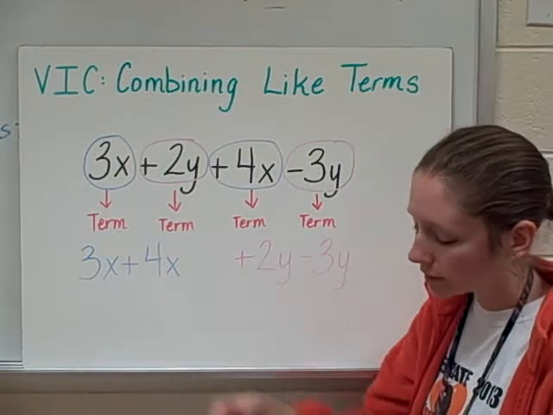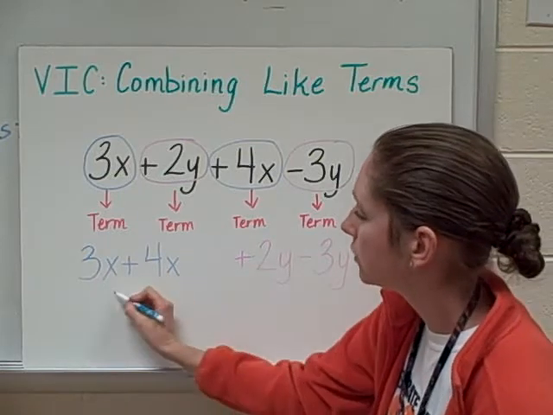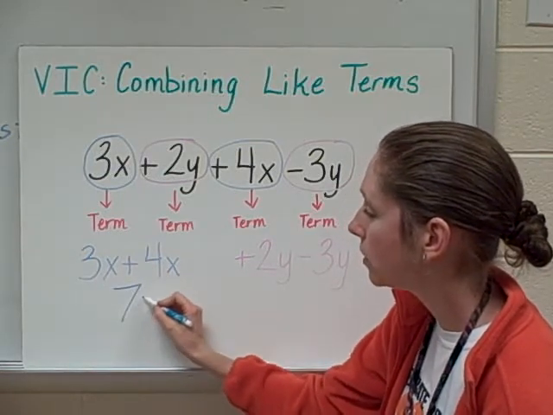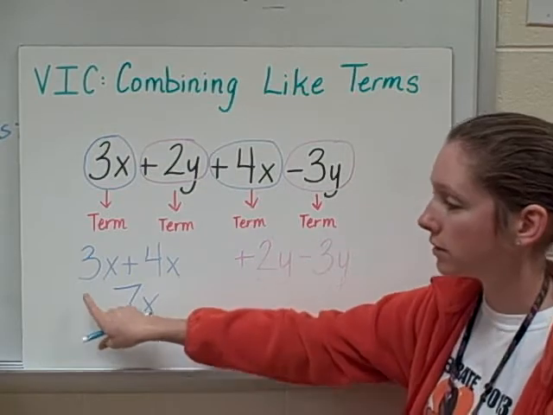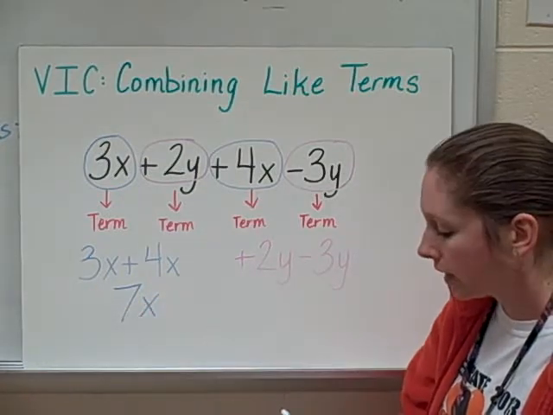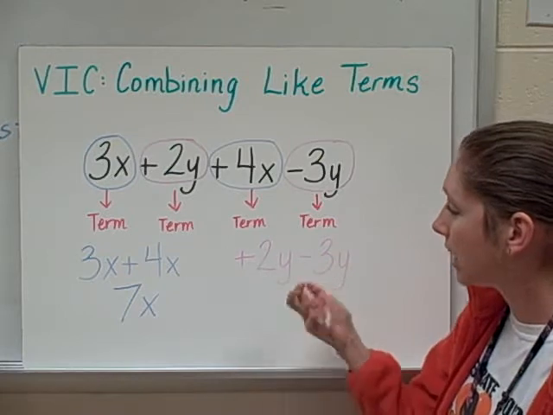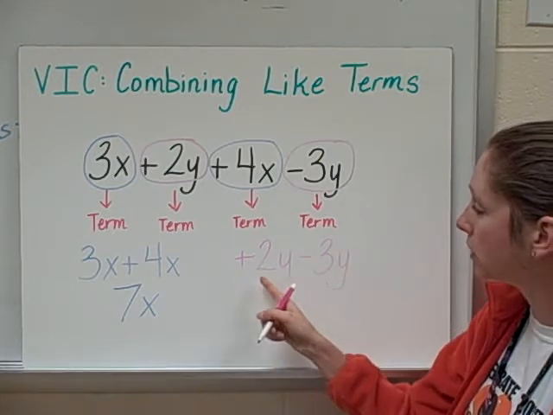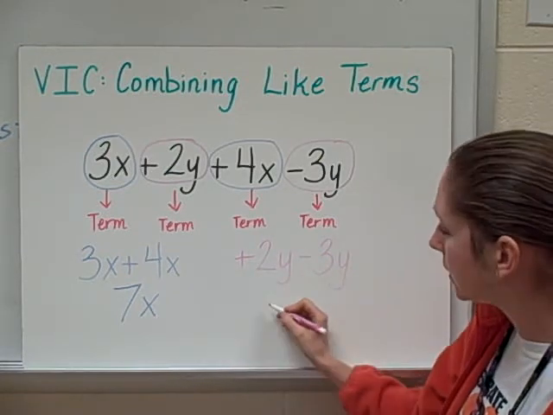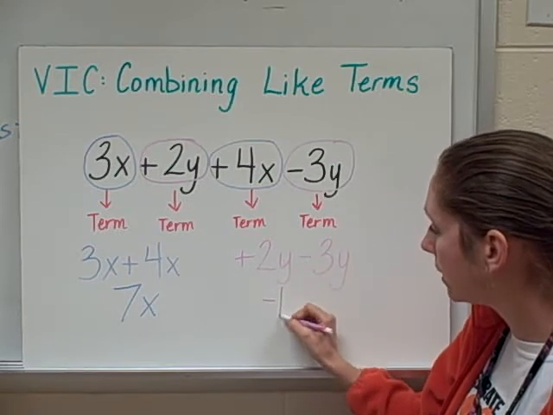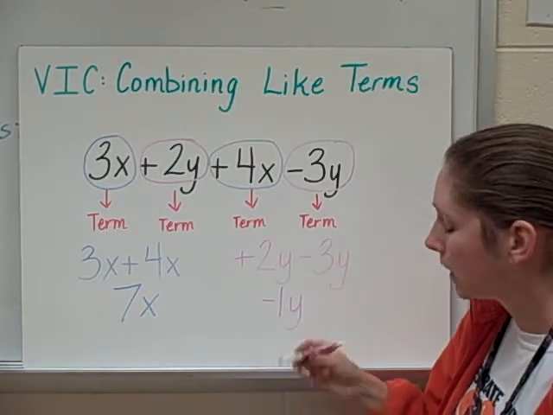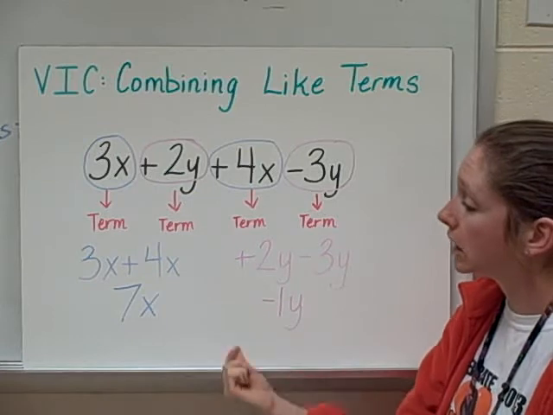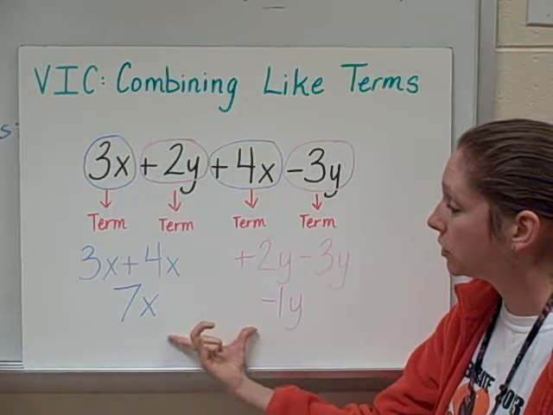Okay, so my x's are going to combine to become 7x. Notice I added the coefficients, the 3 and the 4. And on the y side, I'm going to add these two coefficients. Positive 2 minus 3 is a negative 1y. Now my expression is going to come together by combining these two terms.